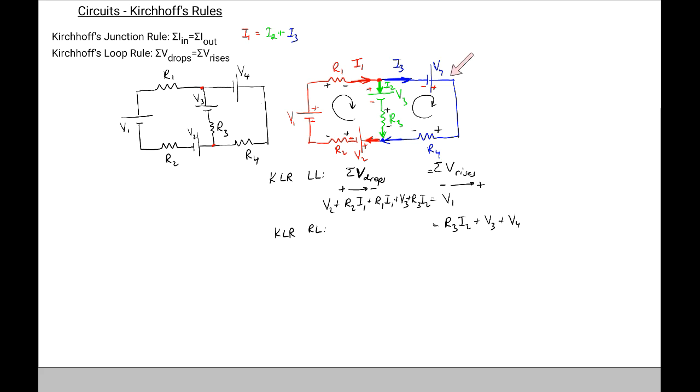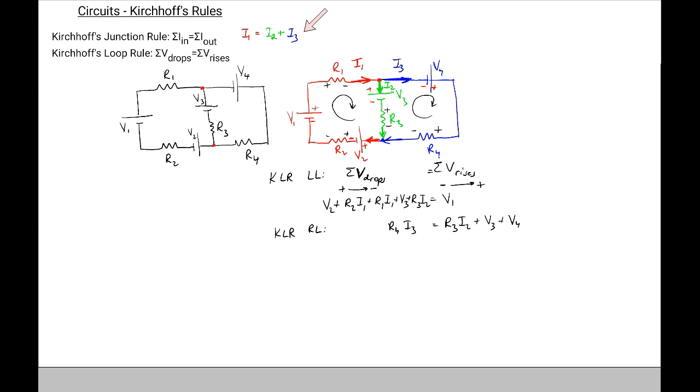Then around to R4, passing through R4, we have a potential drop from plus to minus, and the current that goes through R4 is I3. So we put on the left side R4 times I3, and we made it all the way back to the junction where we started. So here we have three equations for this problem.